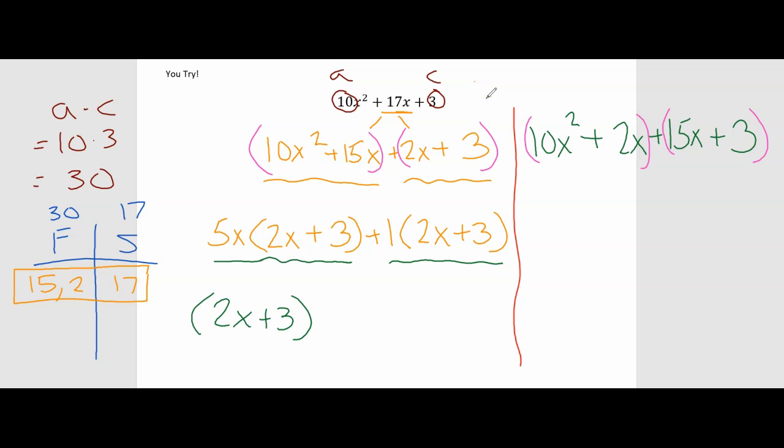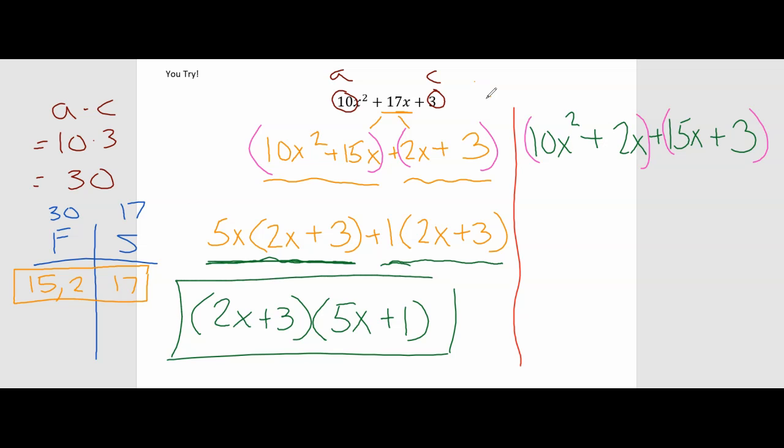So if I factor out the 2x plus 3 from both, I'm left with 5x from my first product, and then I'm left with 1 from my second product. So the factorization is the quantity 2x plus 3 times the quantity 5x plus 1.